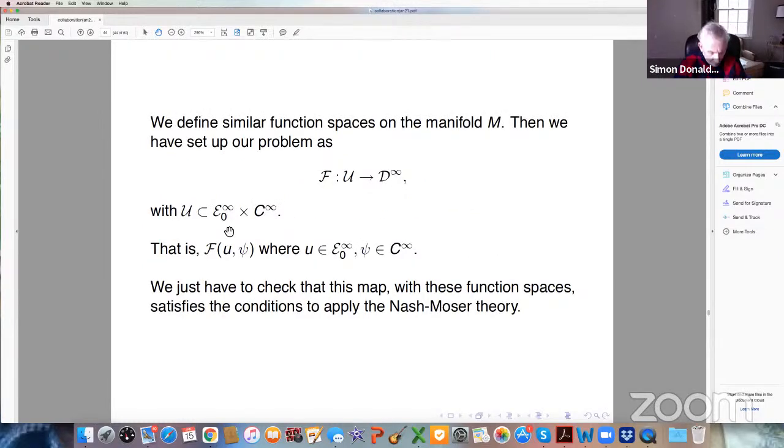So we can define similar function spaces on our manifold, and we set up our problem as our differential operator F from a set U mapping into the version of this D^∞, where U is contained in this product. We have the u and ψ. u lies in the space defined by the script E's, and ψ is a C^∞ diffeomorphism.